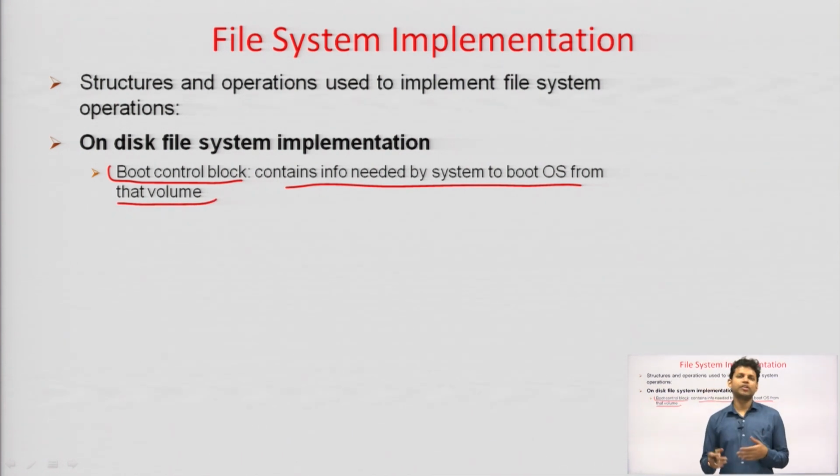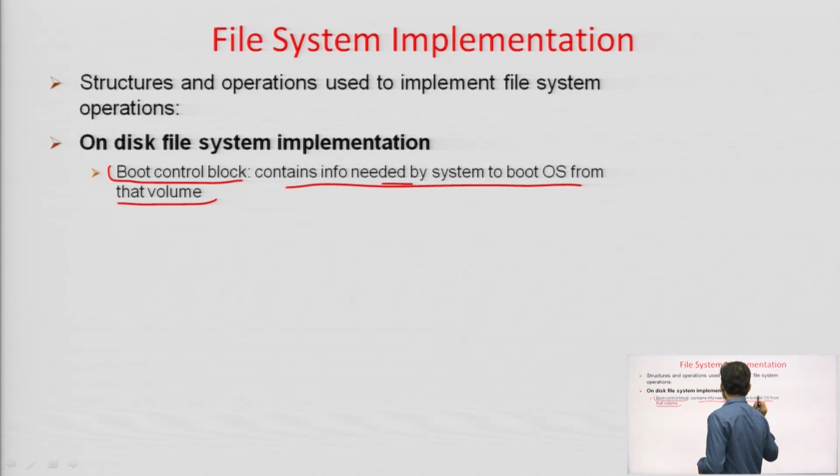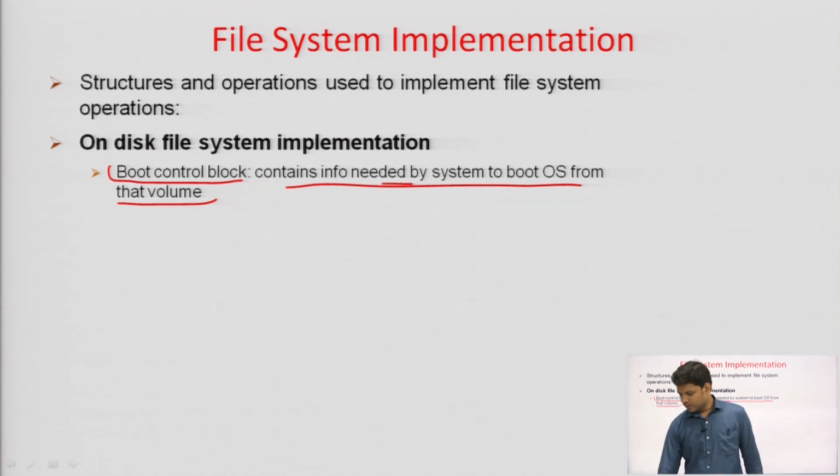Suppose you have stored your operating system in volume C drive or somewhere. The boot control block holds the pointer to that volume, which will load the operating system into the main memory.